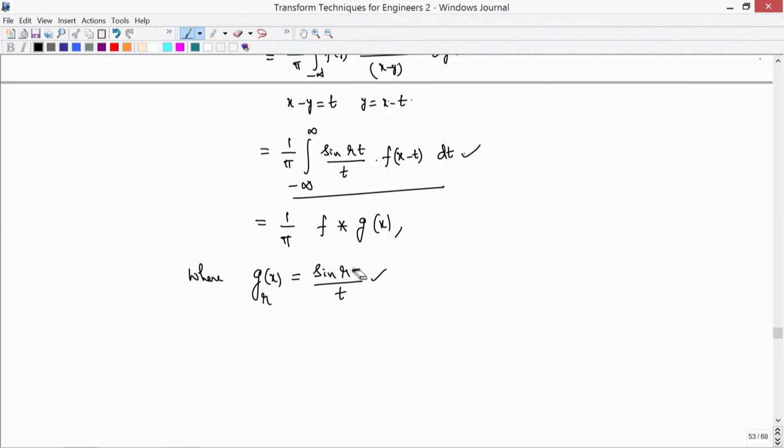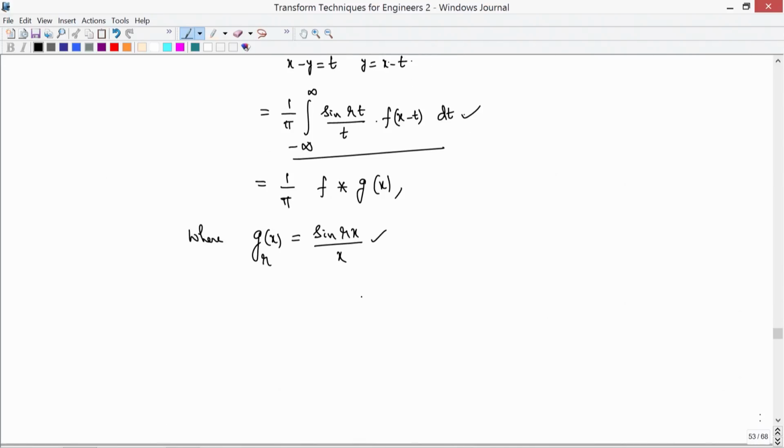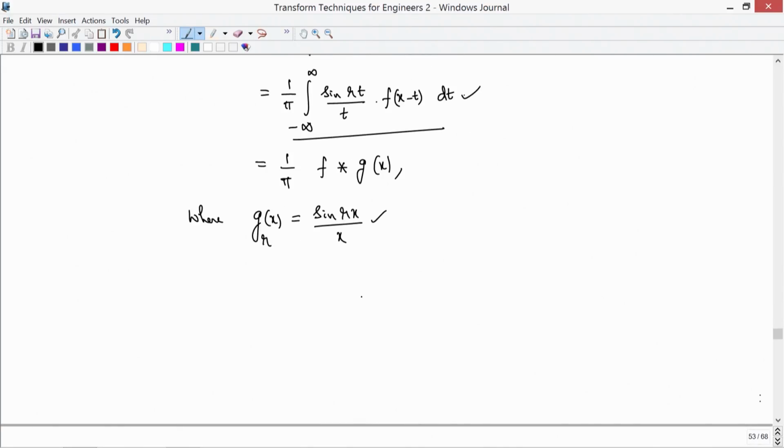This is a function of x. So you have it like this. This is exactly your convolution product.